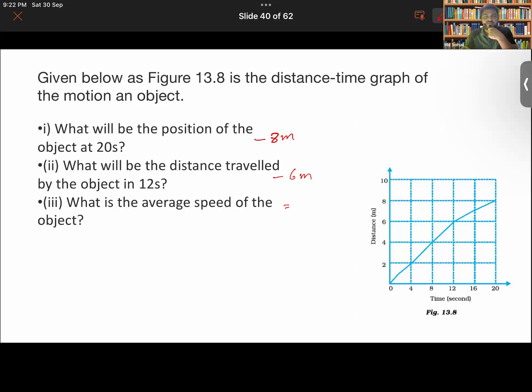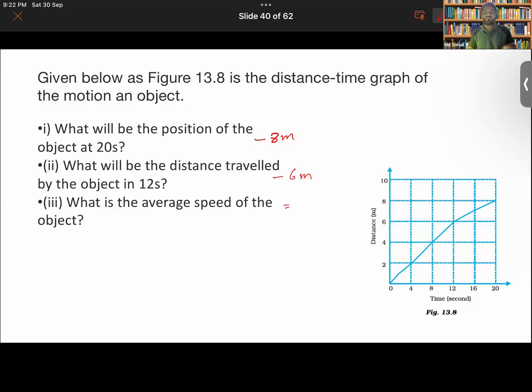Average speed, total distance traveled by total time. You need to see the total distance the body has traveled here and how much total time was taken to cover that distance. Sundus, are you there? I'm there, sir, but I'm not understanding the question. Look here.